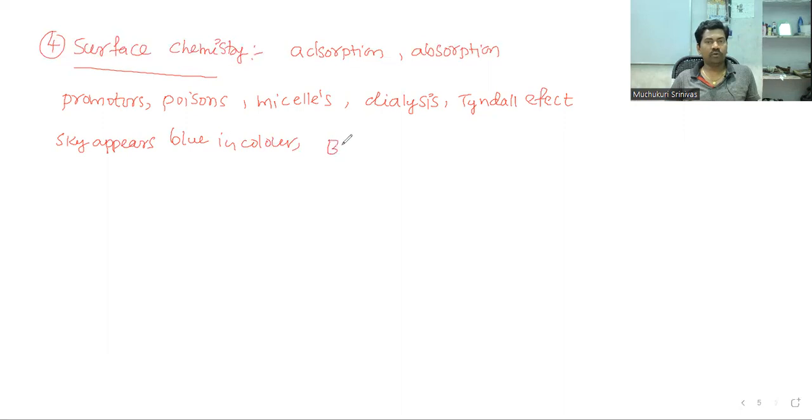The next, Brownian movement. Gold number.